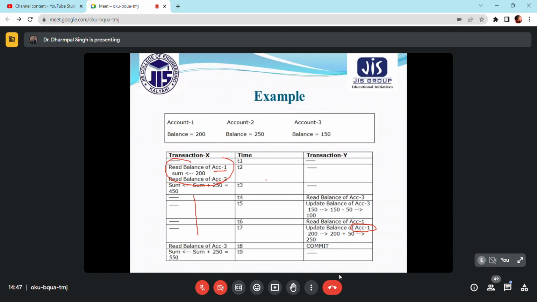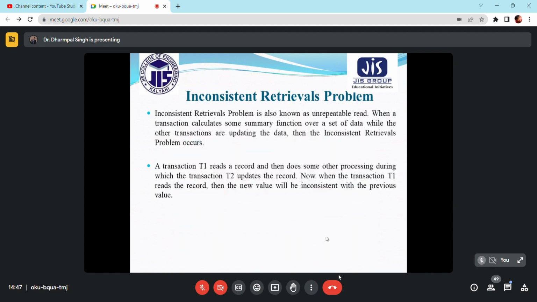The problem that occurs is that whatever initial value it has kept, it proceeds with that value. It will not take the updated value of this transaction. This type of thing is known as the inconsistent retrieval problem. If transaction T1 reads the records and then does some other processing during which transaction T2 updates the record, then when T1 reads the record again, the new value will be inconsistent with the previous value.